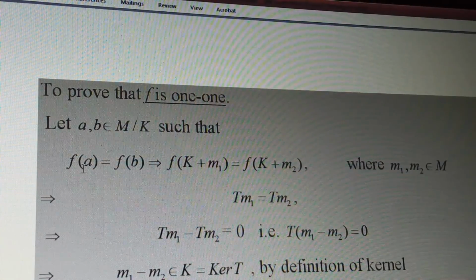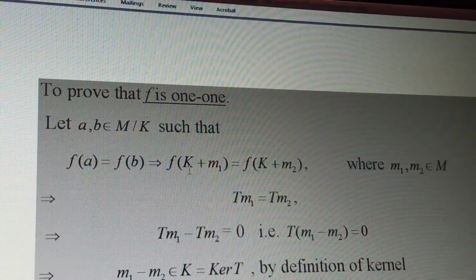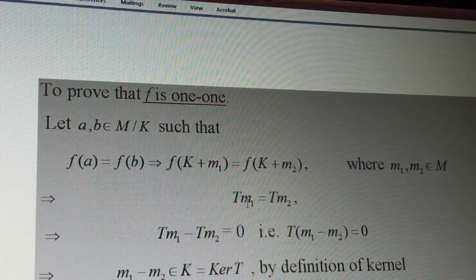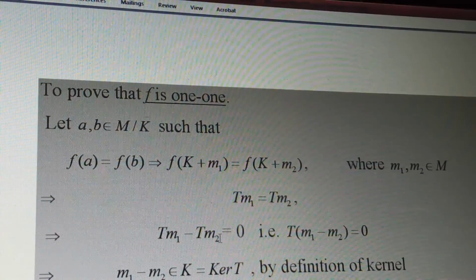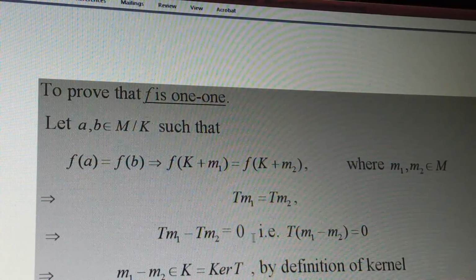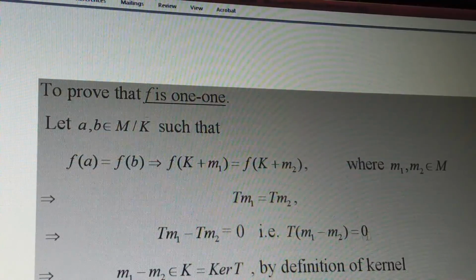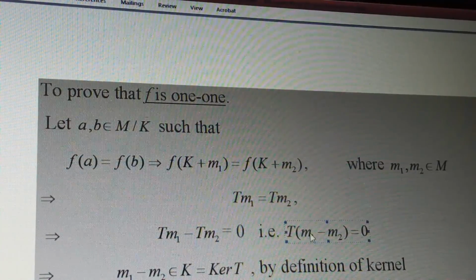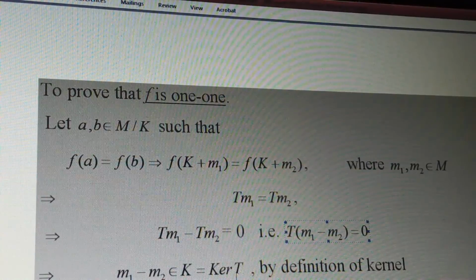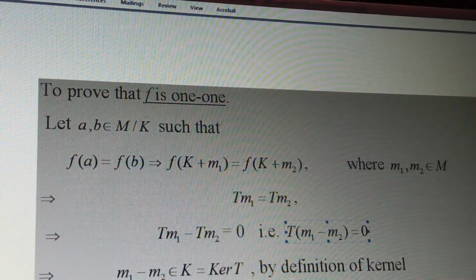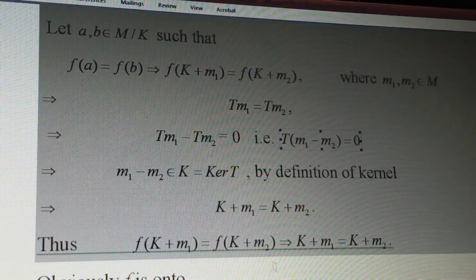So images f(a) = f(b), and this is T(m1) = T(m2), so T(m1) minus T(m2) is equal to 0 and T is common, m1 minus m2 is equal to 0. This condition already shows m1 minus m2 belongs to K, the kernel T, by the definition of kernel. So K + m1 is equal to K + m2.